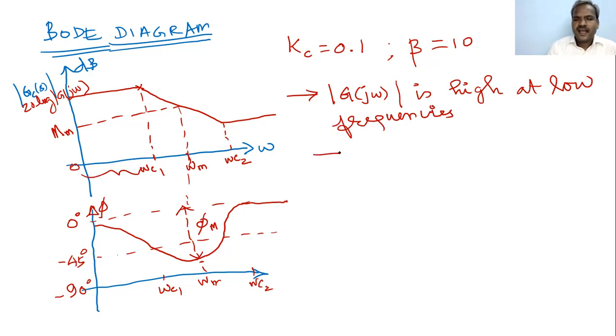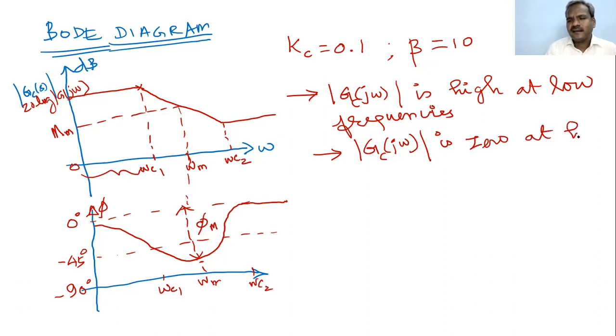The second inference is that the magnitude of Gc of j omega is 0 at high frequencies.